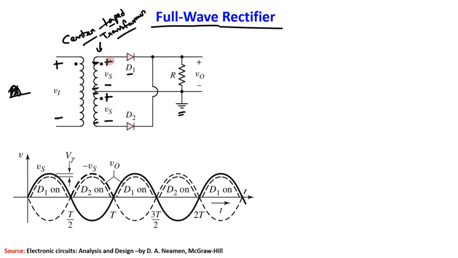When the polarity is like this, the diode is on, so a current can flow through this. We'll come back to that. Now what about this diode? This diode is reverse biased, because this is negative and this negative is connected with the p side of the diode, so this diode cannot conduct.